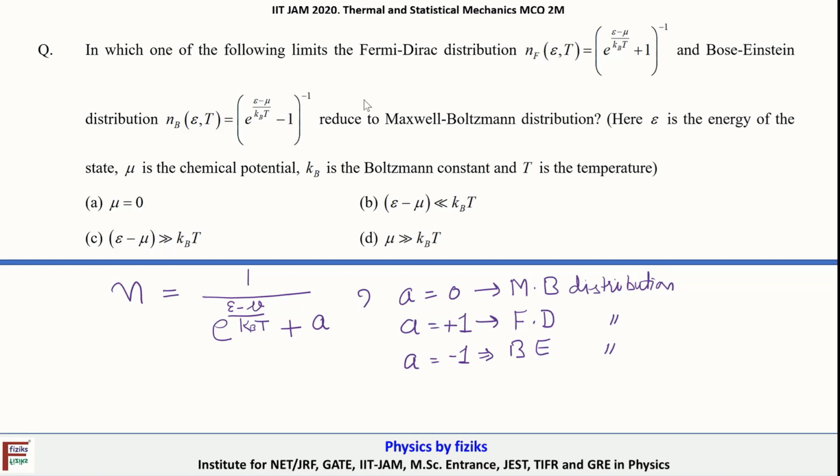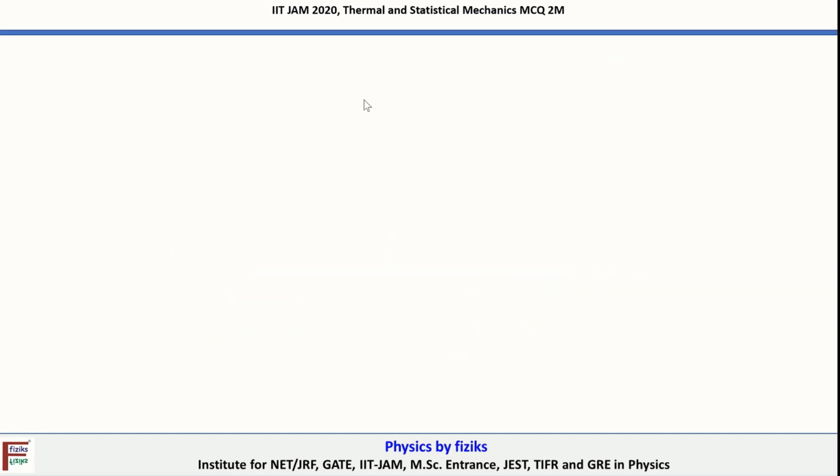Now we have to figure out under what condition, that is, what condition exists between E minus mu and k_B T. To figure out the essential condition, we will assume that the exponent, E minus mu by k_B T, is equal to x.